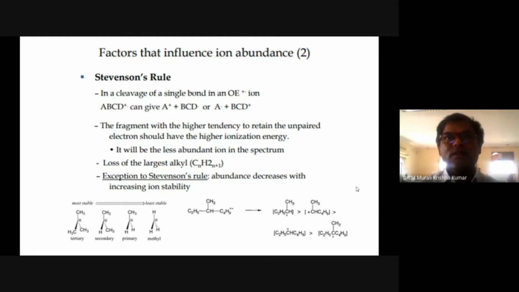As you increase the number of substituents on a carbon, the stability increases, meaning when you go from primary to secondary to tertiary, the stability of the carbocation increases. That is what we have studied already. So the same trend you will observe over here. Okay, but we need to see not in terms of size, but in terms of ionization energy. So that is the slight modification to Stevenson's rule, which was proposed way back in the 1950s.